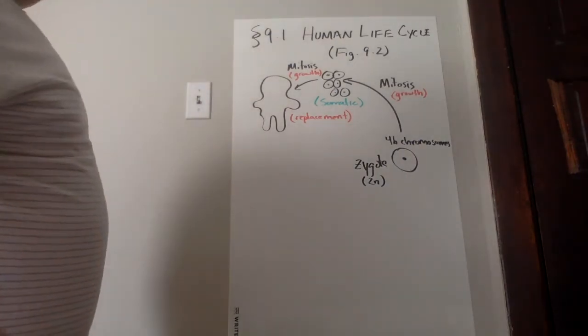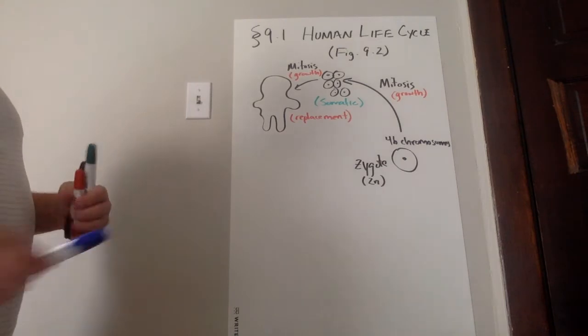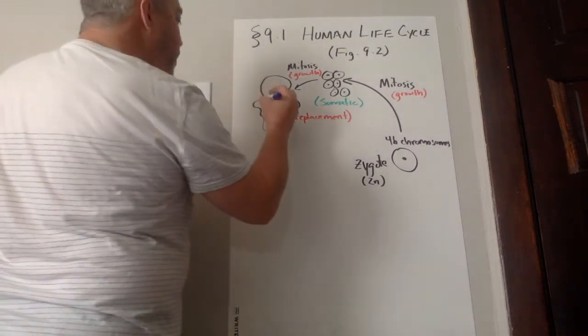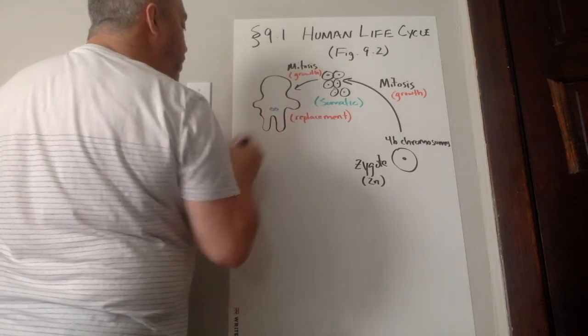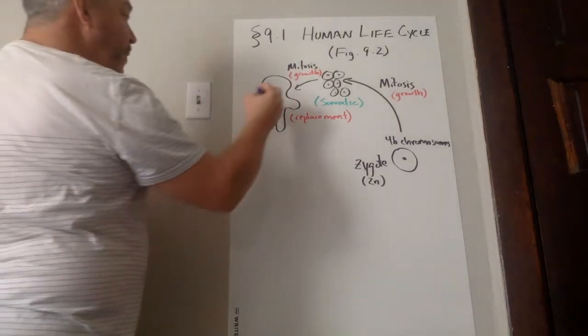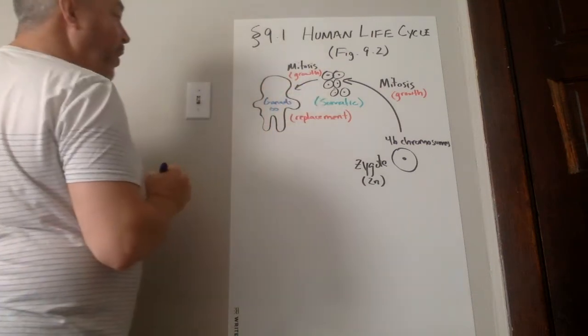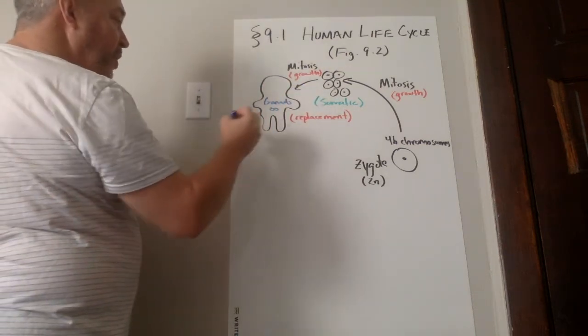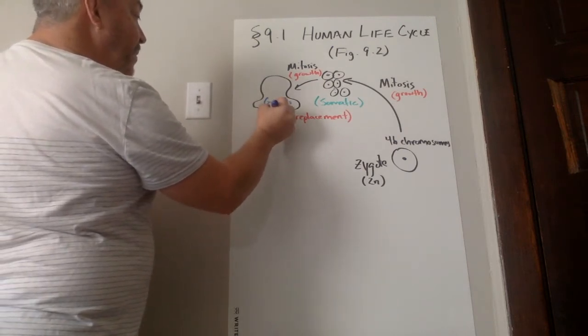So you're an adult and you're composed of tons and tons of somatic cells. At some point, however, you will develop gonads. I'm going to put 2 in here because you typically get 2 gonads. Gonads are going to contain cells that will undergo reproduction, which means that they are going to be the ones that undergo meiosis.